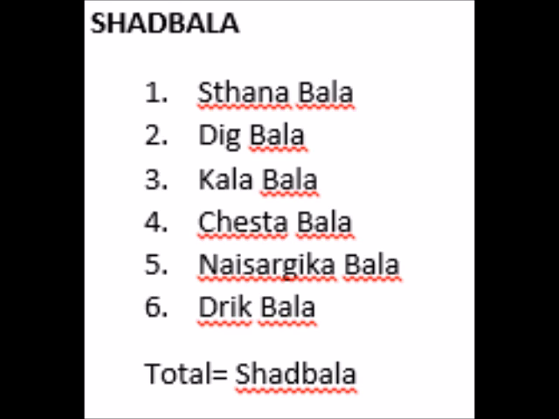This video will be too short to absorb all the ways of calculating the Shadbala, because this topic is so large, but I'm putting it in a short, concise form so that we understand it. So Shadbala is divided into six types of balas, as we've already discussed.